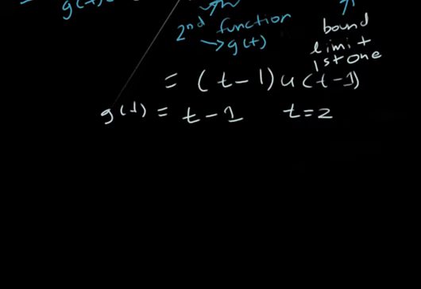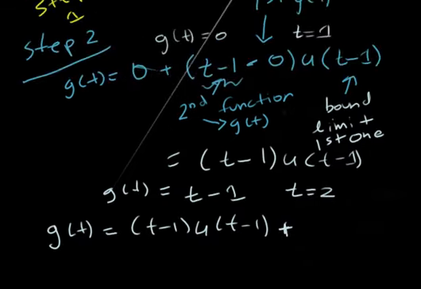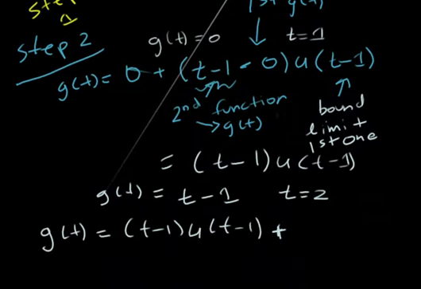So t minus 1. Okay, now let's bring down the formula that we already solved. So t minus 1, just carry it down, u of t minus 1, okay, plus, now what we have, t minus 1, what is our second function? It's 3 minus t, right?